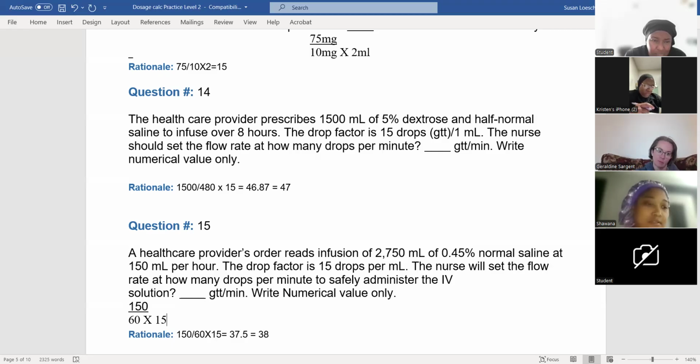Talk to me. Can you go over that one more time? Yes. So this says your total volume is 2750, right? But it didn't give you a time. But you know it's running at 150 an hour. So take the 2750 and divide it by 150.